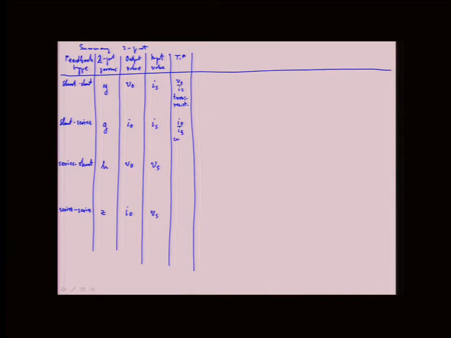So this is current gain. Next one is VO over VS. So this is voltage gain. And then we have IO over VS, so this is transimpedance, or rather, transconductance.